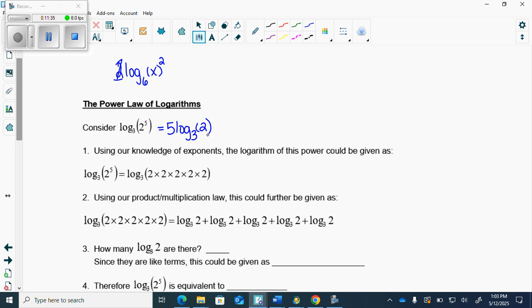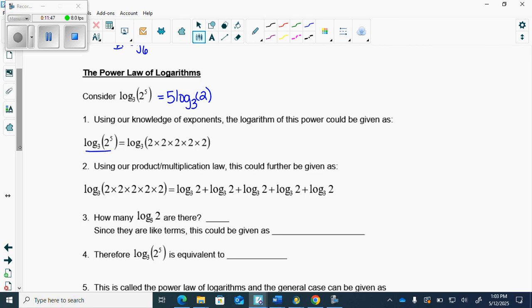So if I take this log base 3 of 2 to the 5, I could rewrite the 2 to the 5 as 2 times 2 times 2 times 2 times 2. Technically, could I not? And then any logs that are multiplied, I can actually separate with plus 1s, right? So I get log base 3 of 2 plus log base 3 of 2 plus log base 3 of 2 plus log base 3 of 2. Now, how many log base 3 of 2s are there?